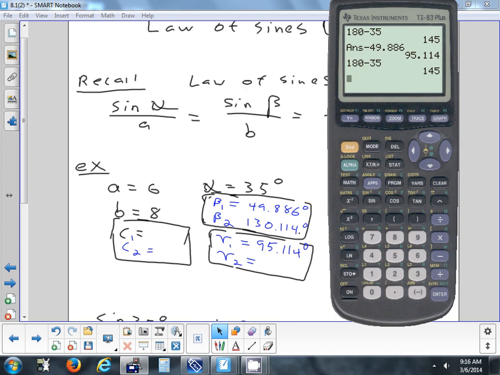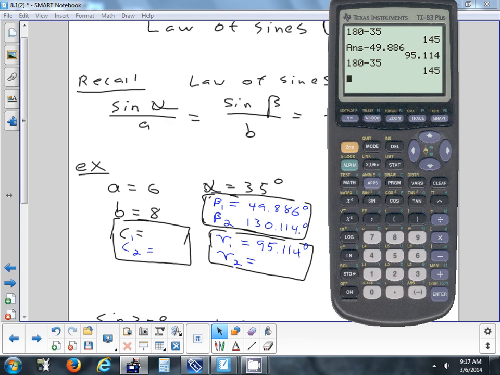So 180 minus the 35, and then you take 145 and subtract the first gamma. And now you're going to subtract the 130. So alpha, beta 1, and gamma 1 are all in one triangle. Alpha, beta 2, and gamma 2, they make up the second triangle. Okay? Any question on that?